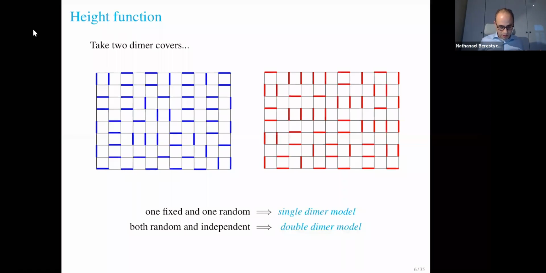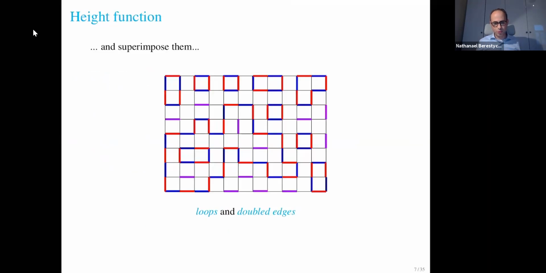Okay, so we have these two dimer coverings, and what we do is we superpose them. We just literally put them on top of one another. And what you see when you do that is basically just for deterministic reasons, there are two possibilities. Either there was a blue edge on top of a red edge, and so I call that a purple edge. You can think of that as a double edge or maybe a degenerate loop of microscopic size.